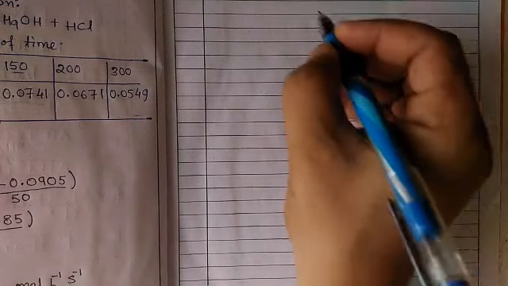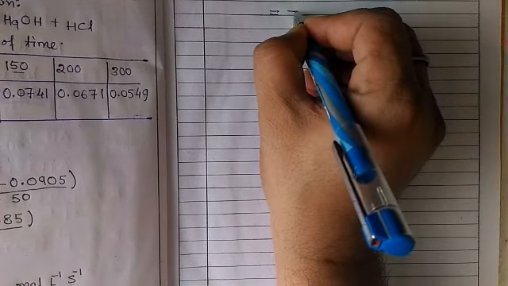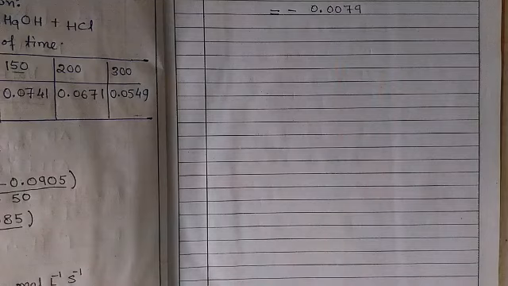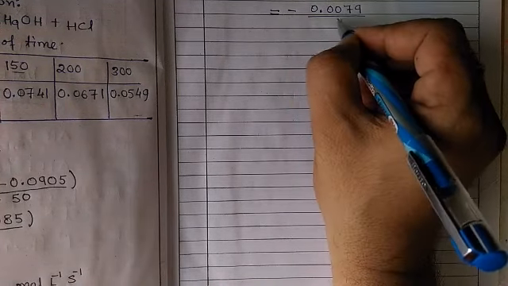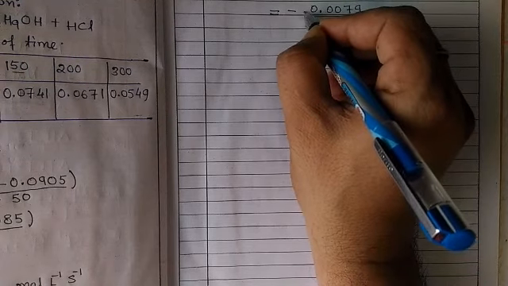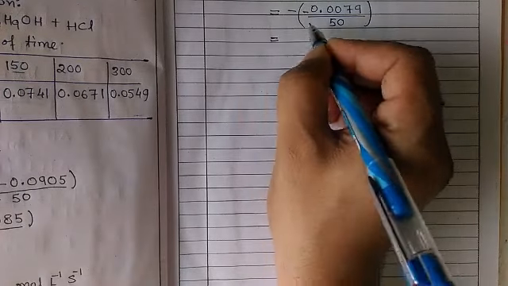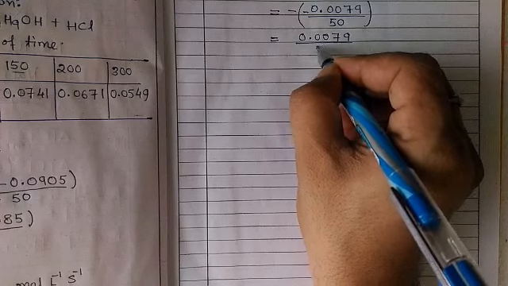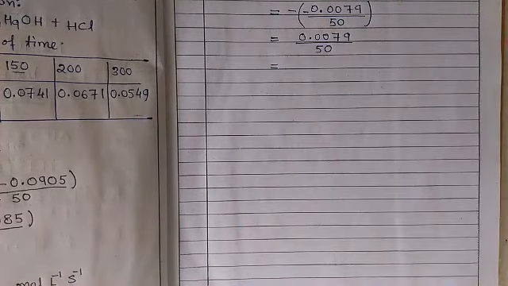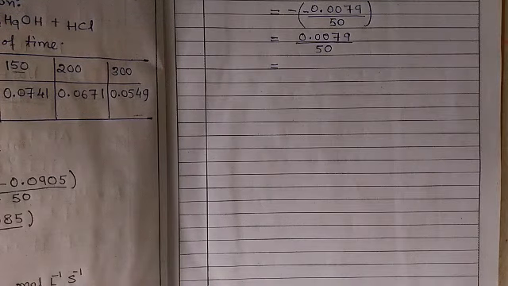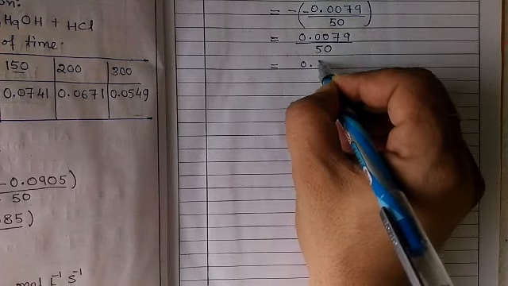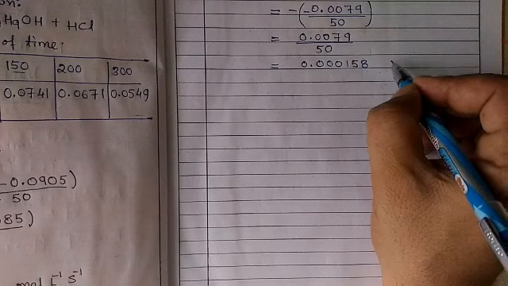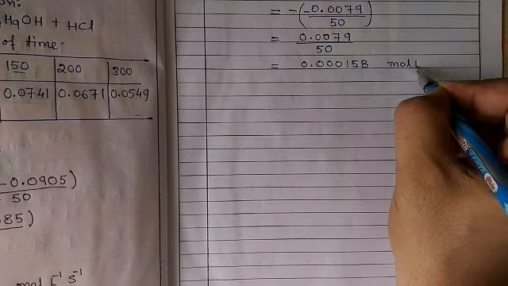Now the value comes out to be minus 0.0079 after subtracting, and then we are dividing the value by 50, and this whole value is negative, so this is going to become positive. 0.0079 by 50, and when calculated this comes out to be 0.000158, and the unit you all know, mole per liter per second.